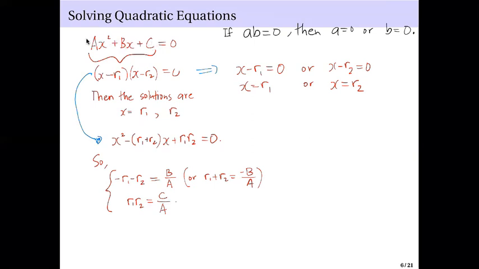And if you remember completing the square, the one that I discussed also when we were dealing with factoring, completing the square is another method. So basically, we are done with solving quadratic equations.